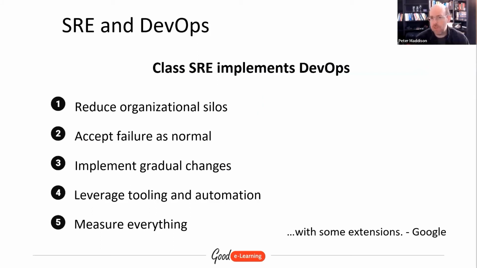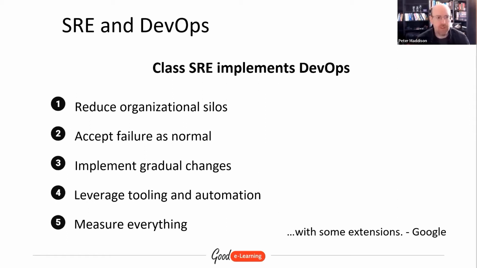In addition, one of the common things, and Google likes to describe this way, when we start to talk about SRE and DevOps, is that SRE is essentially a class which implements DevOps, where it's a broader class.